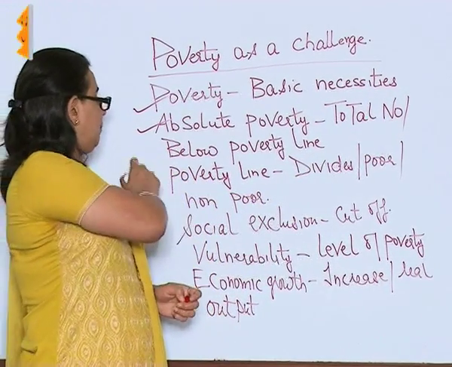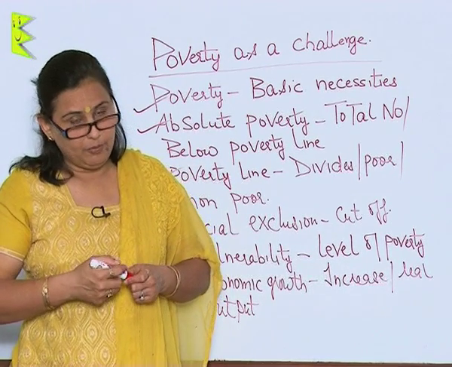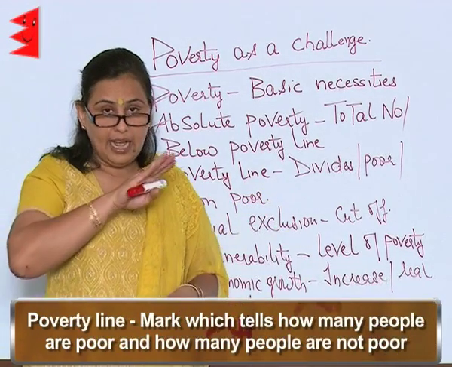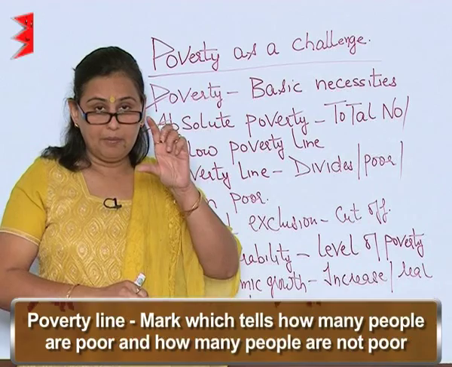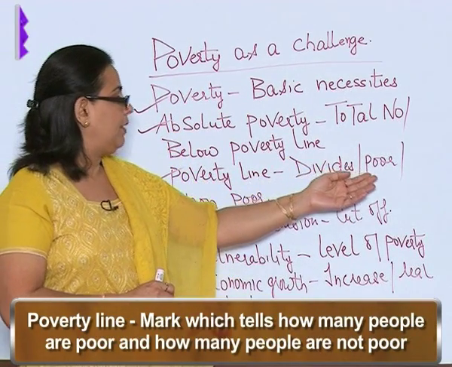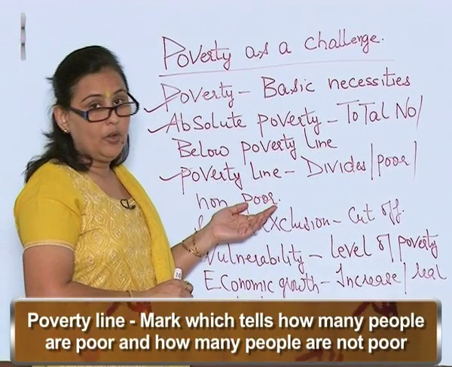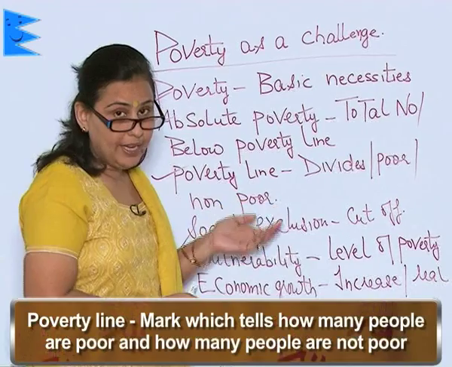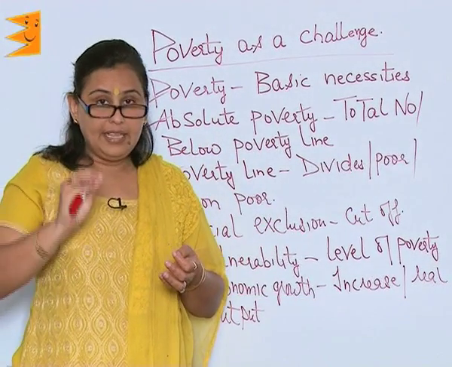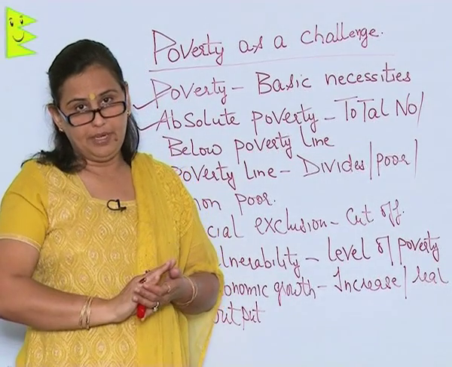Next is poverty line. So, what actually is this poverty line that we are talking of? The poverty line is in fact that indicator, that mark which tells us how many people are poor and how many of them are not poor. Poor, in the sense that they are not able to meet their basic requirements.